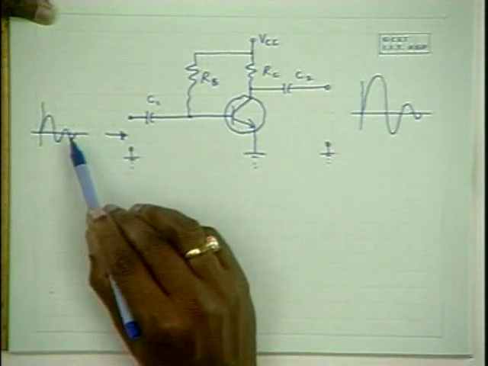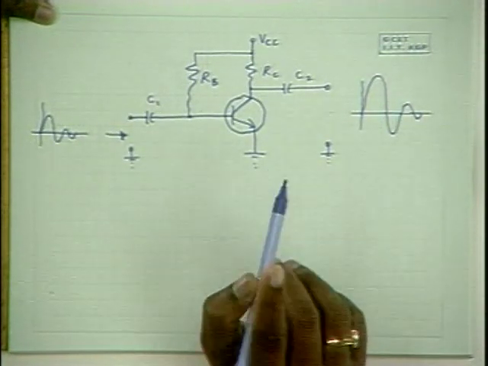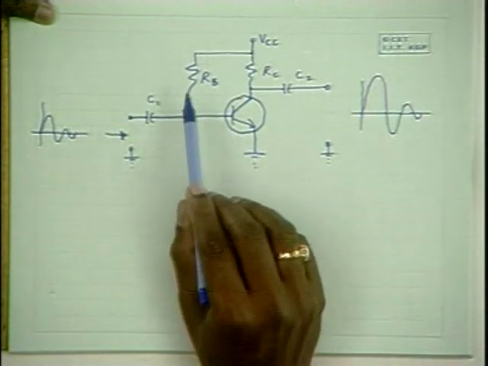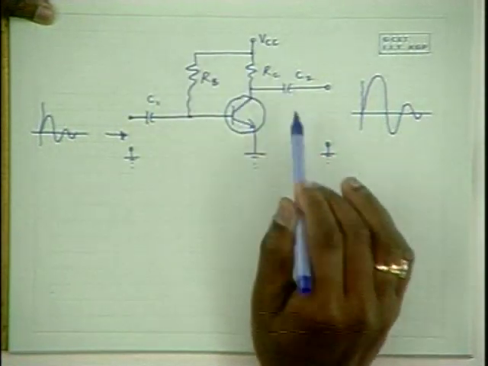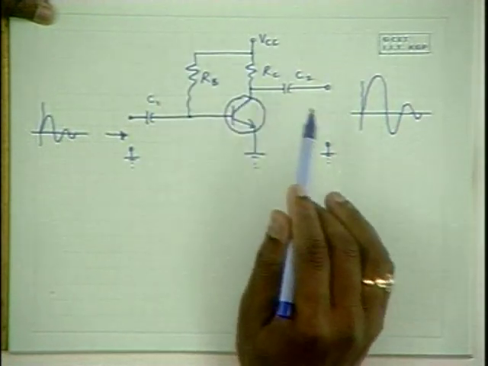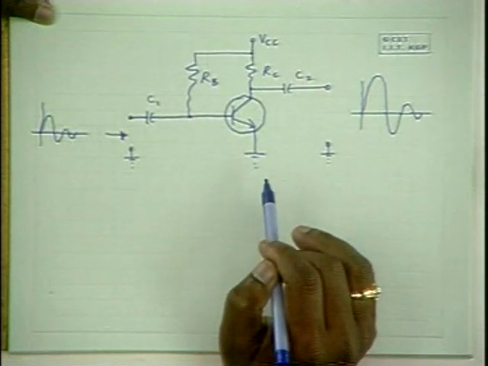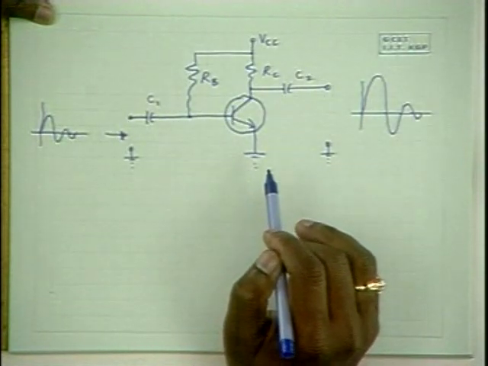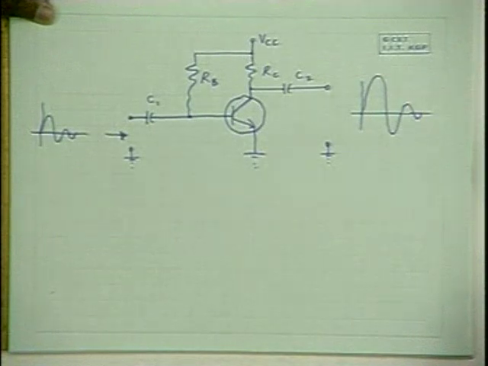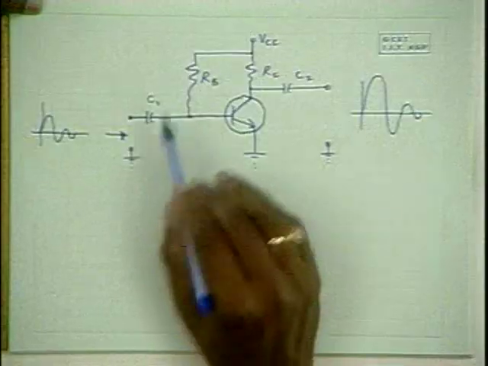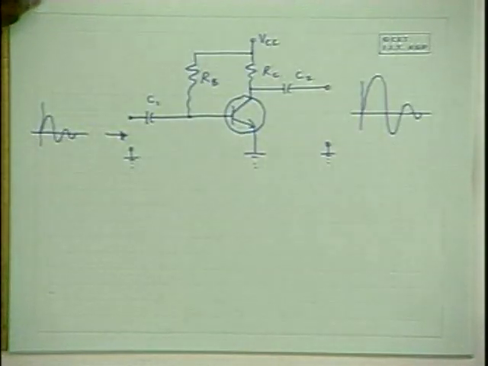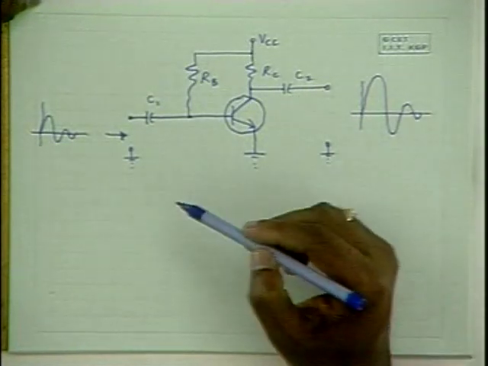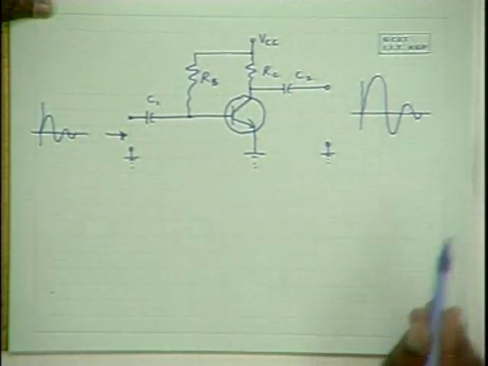How do you apply the alternating signals, and how do you obtain the model equivalent of this particular transistor circuit? Because once you know the amplifier model, you know the gains, the input impedance, etc. So you know everything about it. Now from the circuit, how to get the model parameters is a question. Let us discuss these two things one after another.